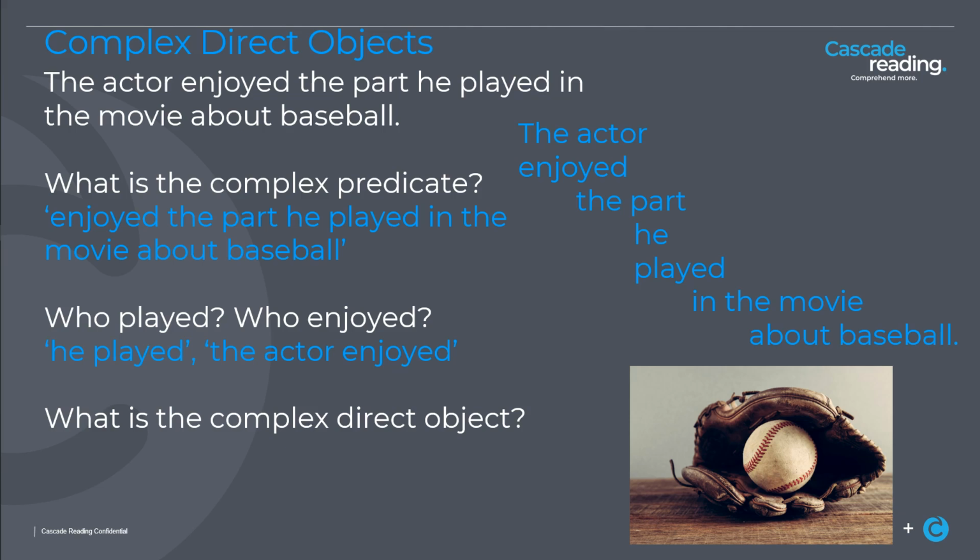If we think just about the direct object itself, the simple direct object, that would be the part, because it describes what was enjoyed. But if we now think about the part and all elements of the sentence that describe the part or describe the direct object, we get the part he played in the movie about baseball. You can use the complex direct object to ask, what did the actor enjoy? He enjoyed the part he played in the movie about baseball.